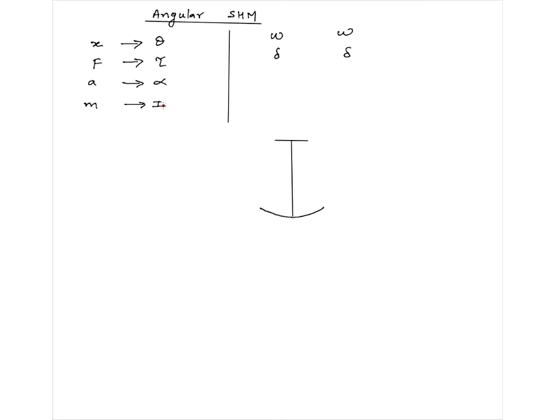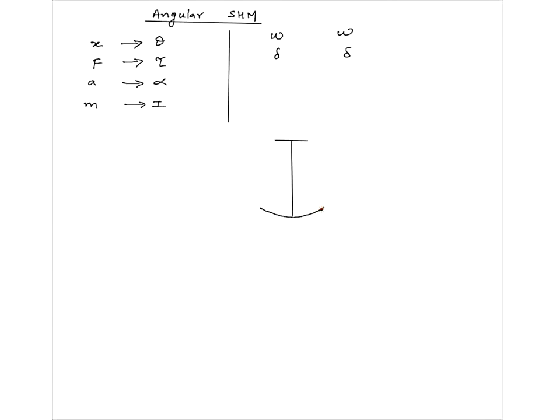Some symbols won't change. Delta would remain delta. Omega will remain omega. This is where you have to be very careful. This omega is not the omega of circular motion. This omega is the angular frequency of SHM.